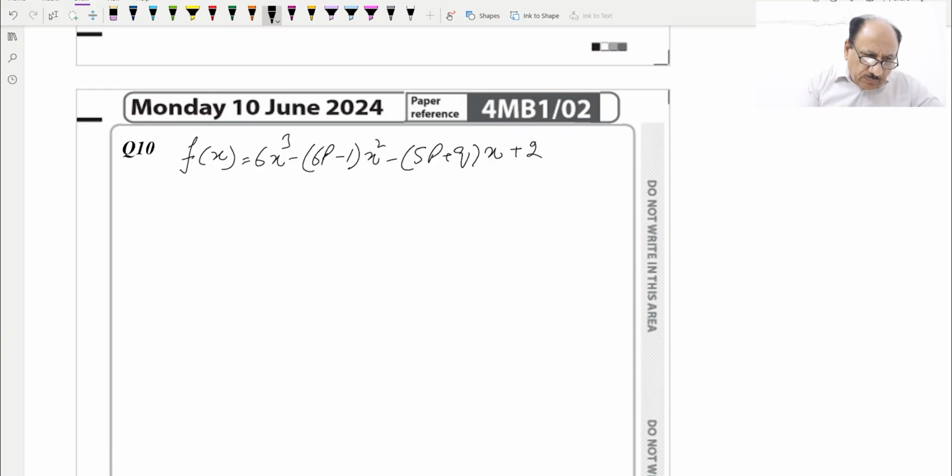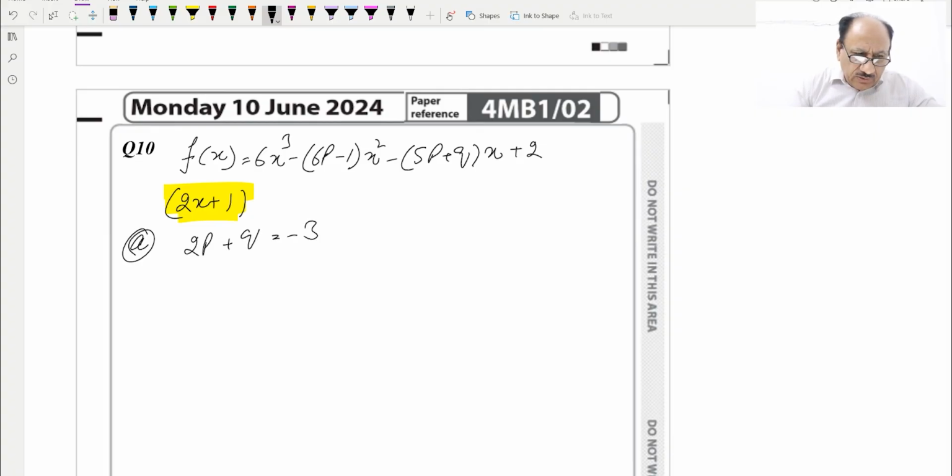Given that 2x plus 1 is a factor of f of x, for part a we need to show that 2p plus q is equal to minus 3. This is our task for 2 marks.